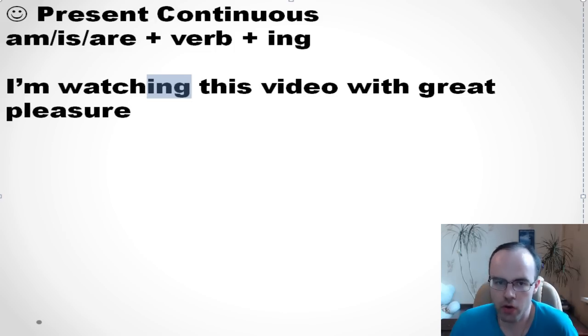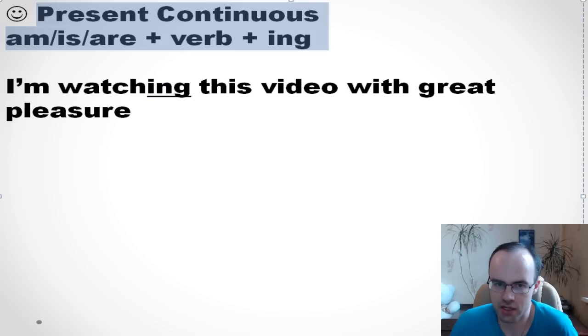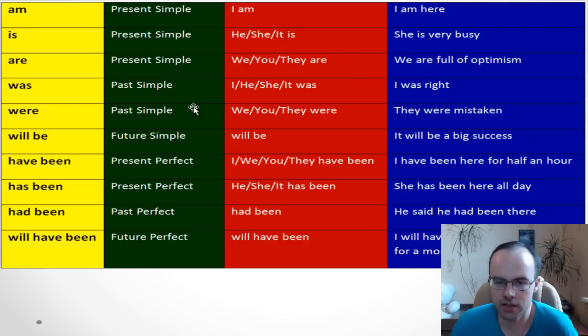But if it's at the moment, you need to use present continuous, and you need to understand it, right? So if there is a verb and ing after am, is, or are, it's another tense, right?